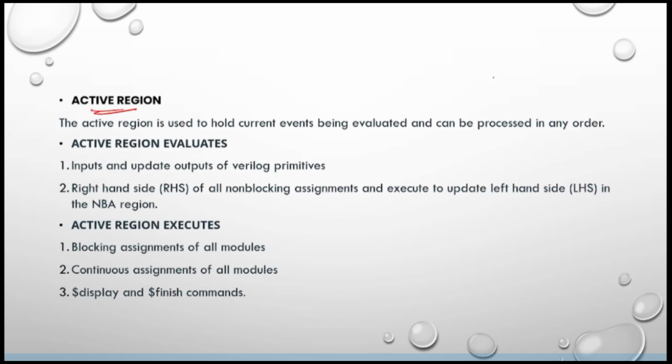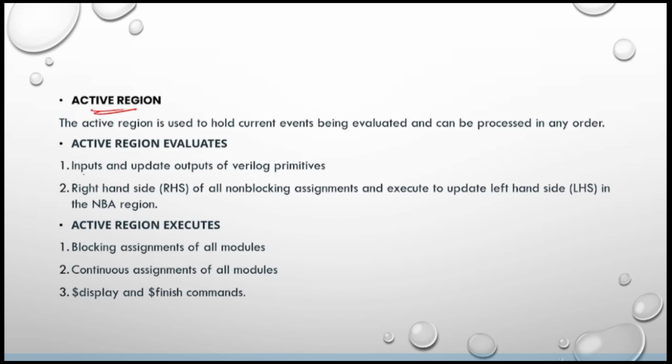Again, in procedural you have some blocking statements, non-blocking statements. Is it or not? So your code consists of all these things. So when you consider all these things, every part of your code, like blocking statements, will be executed in one part of a region, non-blocking statements will be executed in another part of a region, all the display statements will be executed in one part, all the monitor statements will be executed in one part. So at which point are these being executed?